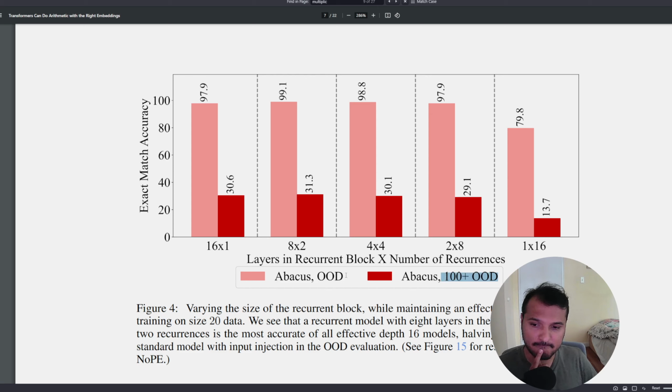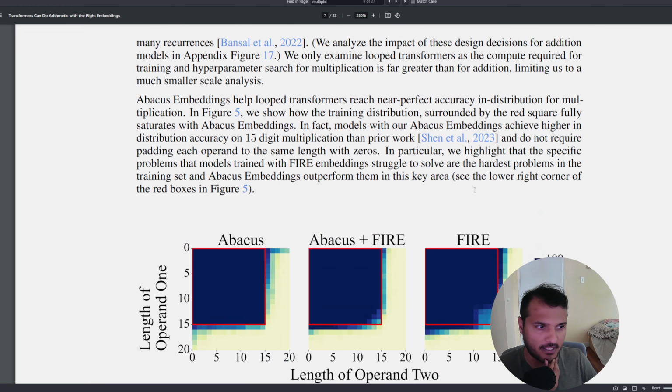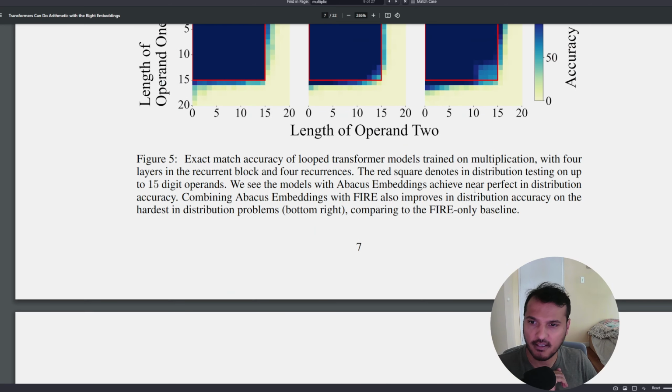For out-of-domain multiplication, I don't know what out of domain refers to here. They get good accuracy, but as soon as they go beyond 100 plus digits, it's not too good. So there needs to be something else done for multiplication. Not sure what, but that was at least my quick take from skimming this paper.